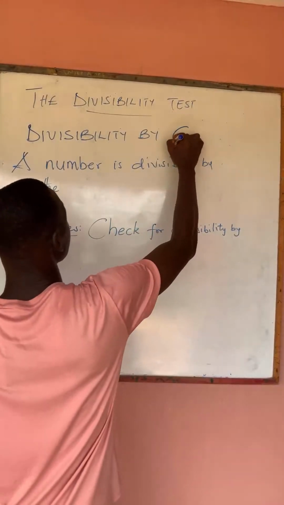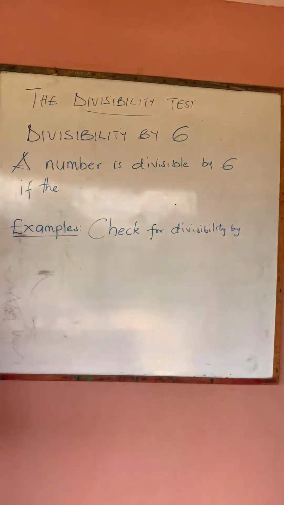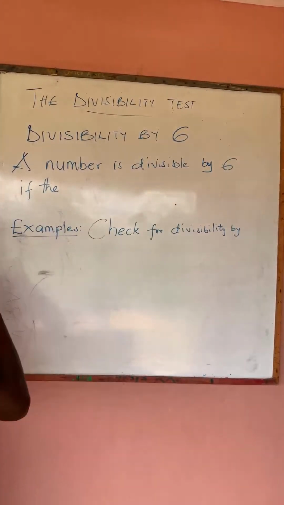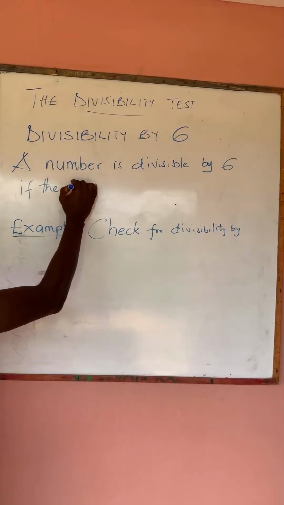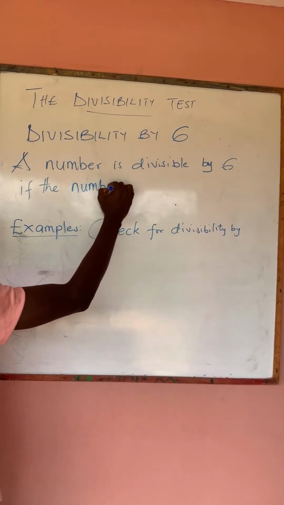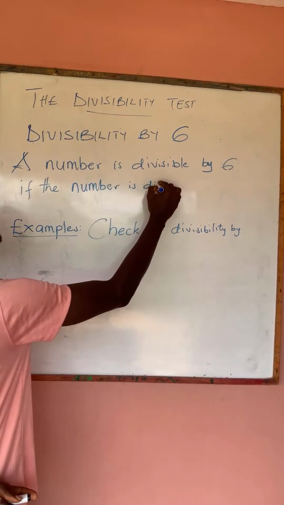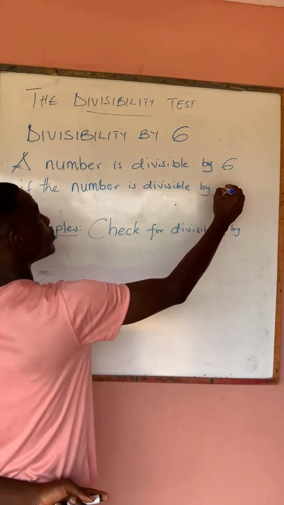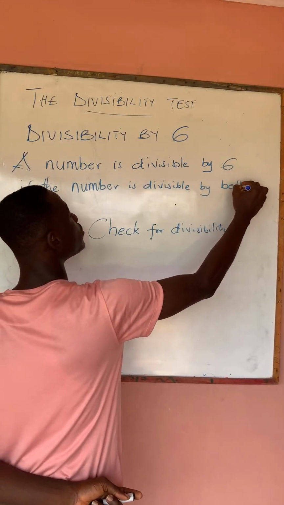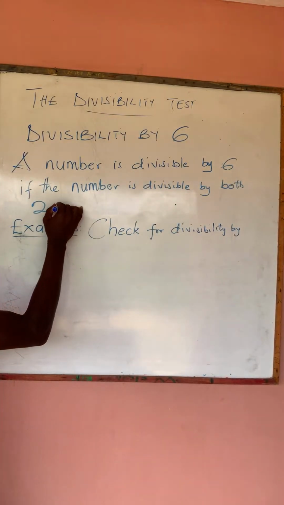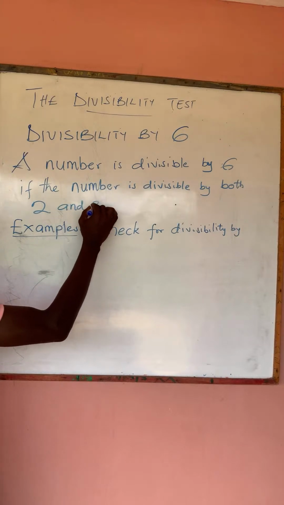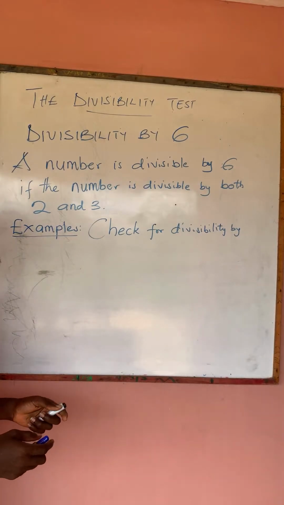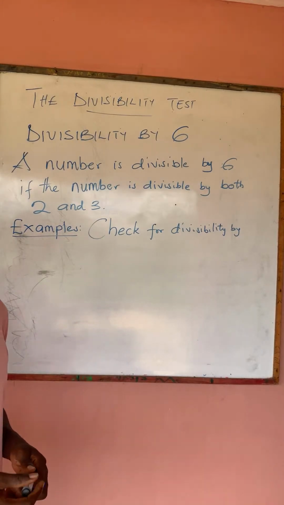We can do it by 6. So we say that for the rule, a number is divisible by 6 if the number is divisible by both 2 and 3.